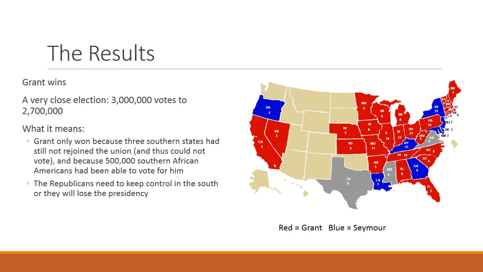And so it's only because of radical Reconstruction that Grant is able to win the White House. And so what this means is that the Republicans are going to need to keep Reconstruction going, and they're going to need to keep control of the South, maybe even militarily, if they're going to want to hold on to the presidency. And we'll see later how this affects future elections.